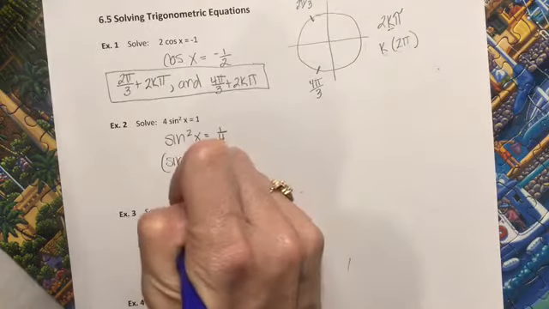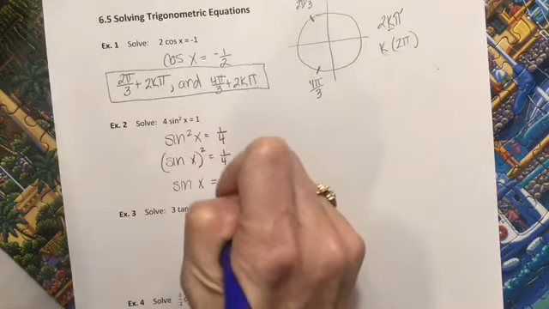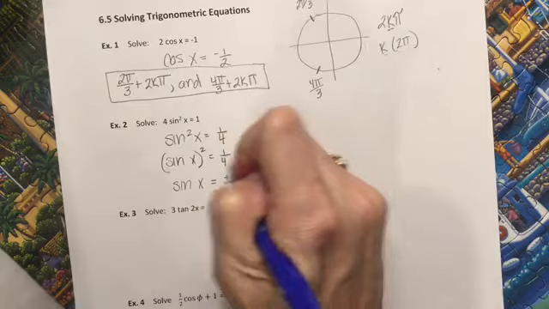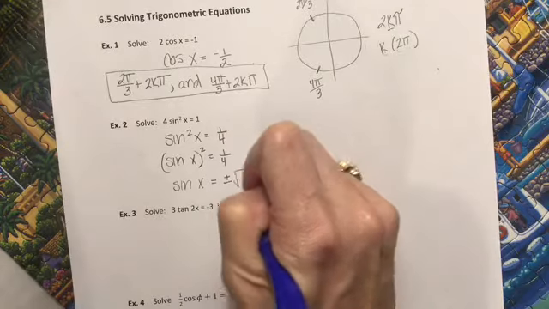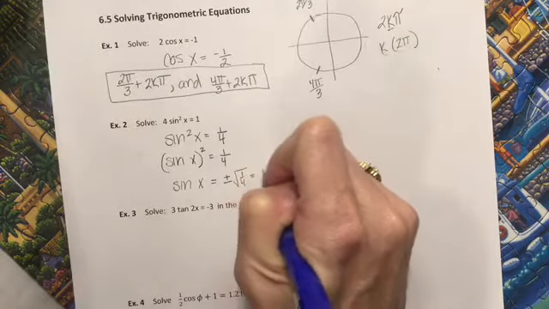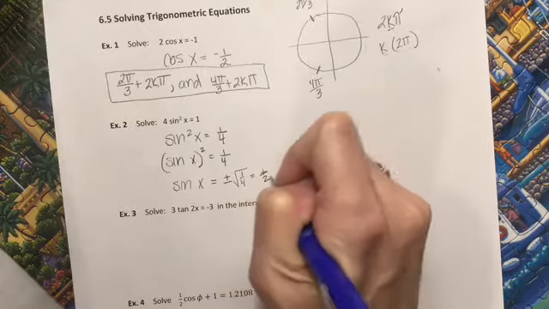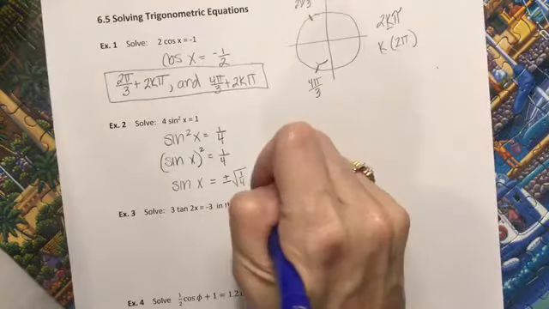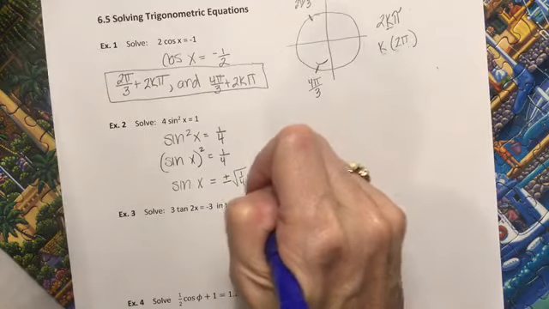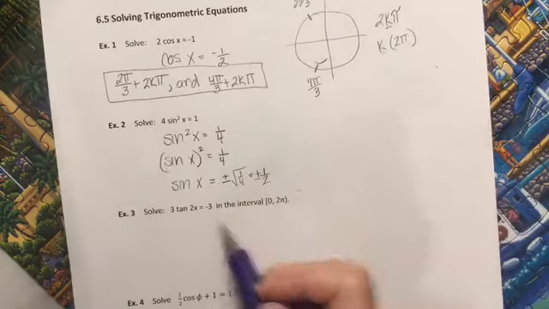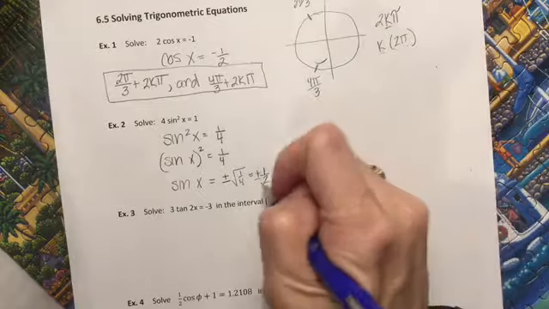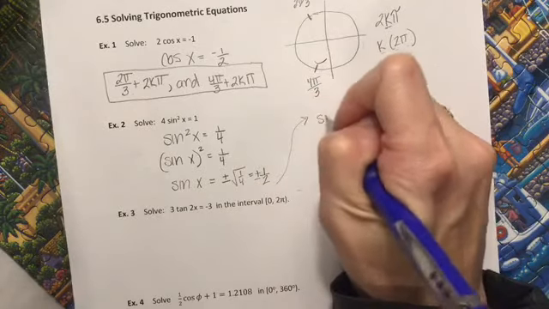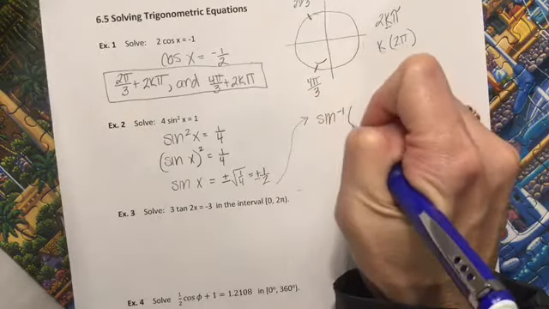So that leaves you with sine of what angle equals plus or minus the square root of 1/4, which is plus or minus 1/2.